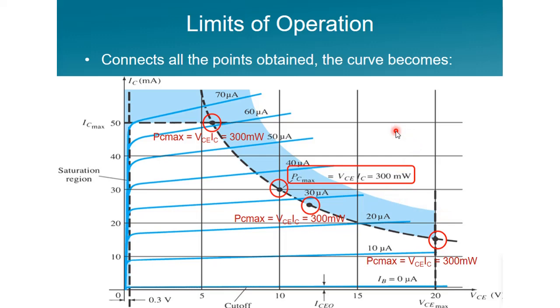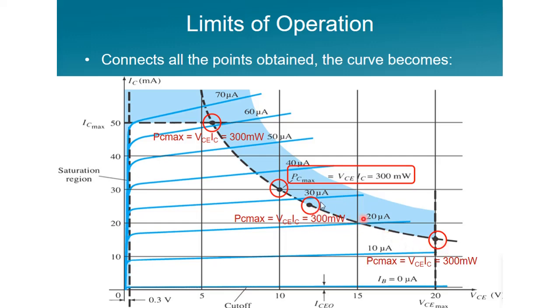From the 4 points that we get from the calculation in the previous slide, we connect all the points obtained and the curve becomes like this. This is point 1, point 2, point 3 and point 4.